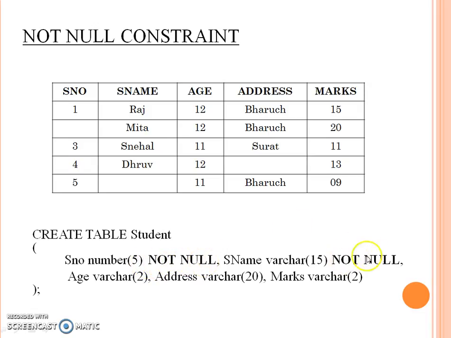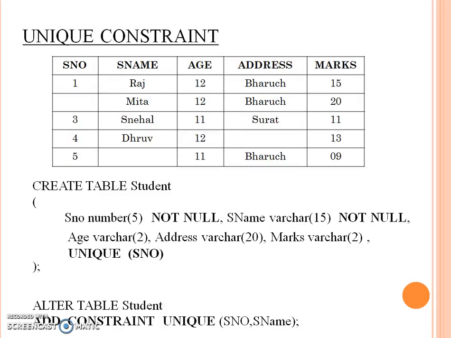If I want to have it for two columns, each of the individual columns can be specified with a not null constraint. Thus, a table can have multiple columns having a not null value. That depends upon the user.